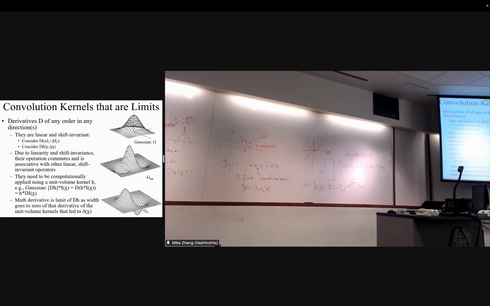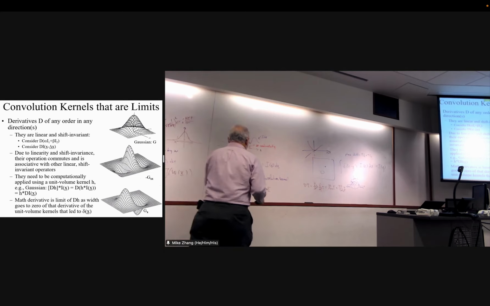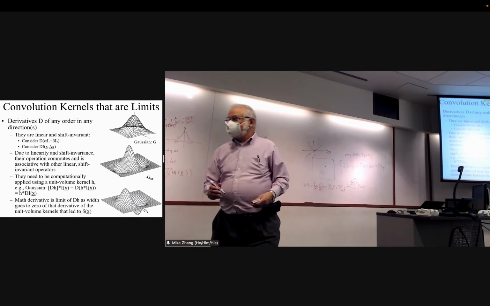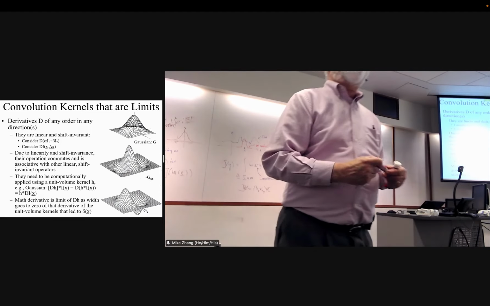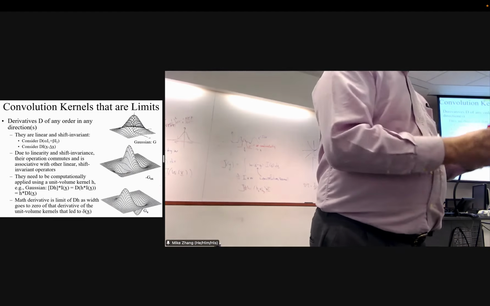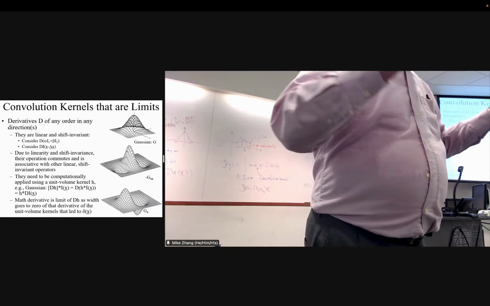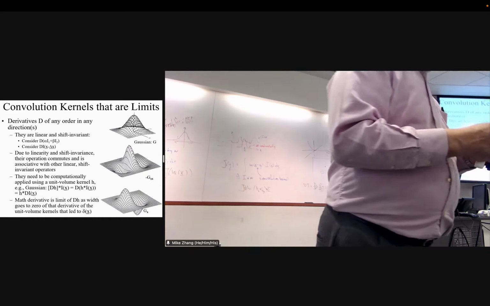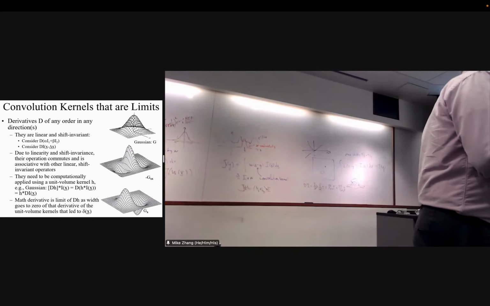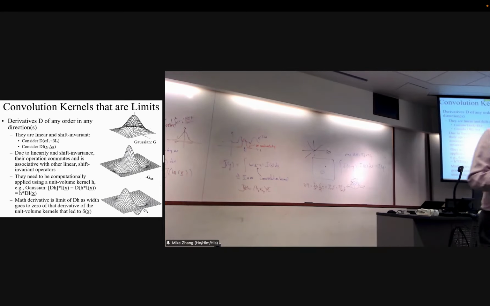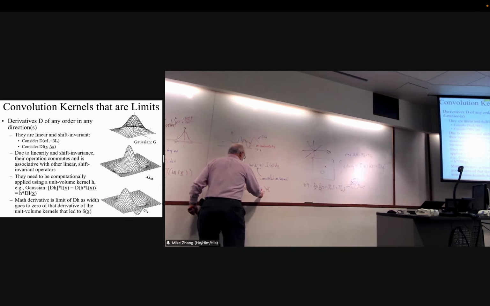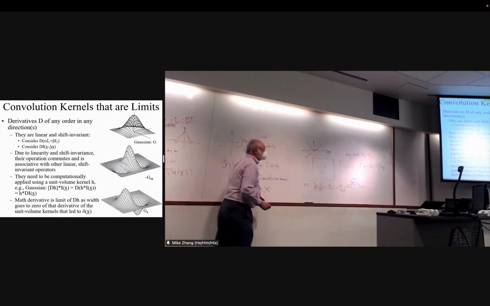We're going to be more interested in kernels that are the derivative of a Gaussian. Okay, and a kernel that is a derivative of Gaussian is a kernel taken at an aperture size given by the width of the Gaussian, the width sigma of the Gaussian, and the derivative of it.